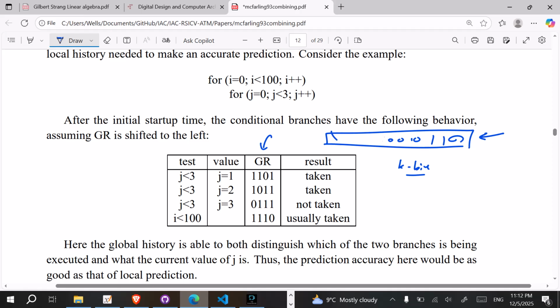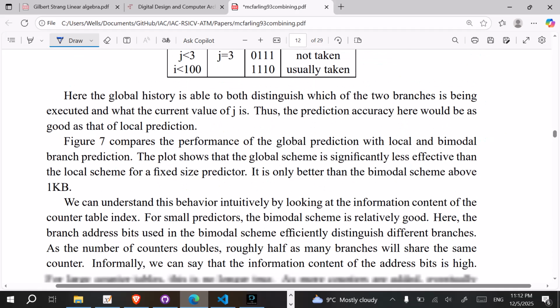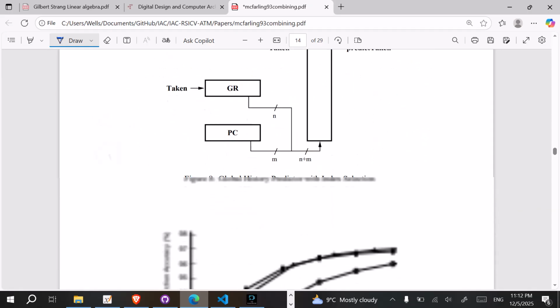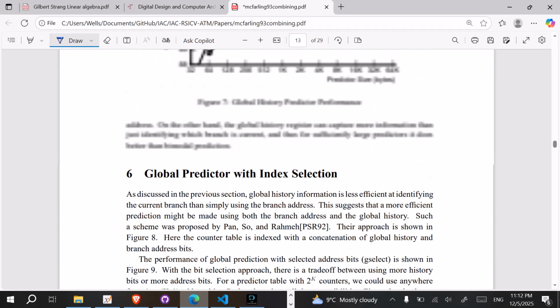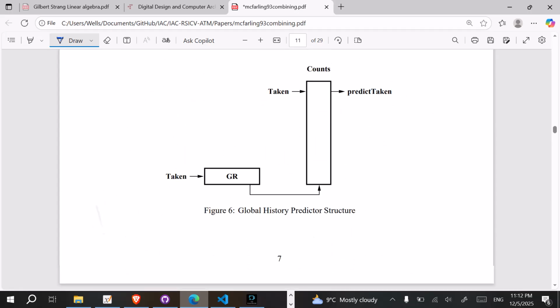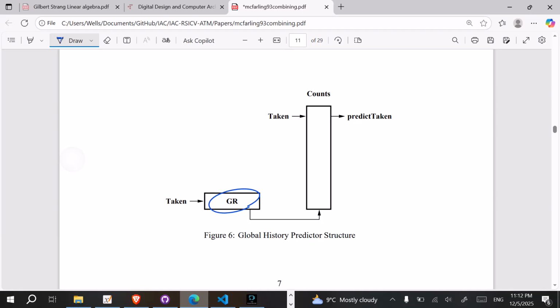So you can see this sort of shift register behavior happening. And again, the setup is very similar to the one here. Your GR, instead, will be the pattern, and this pattern will be pointing towards your count.